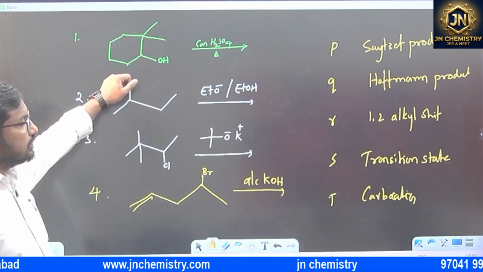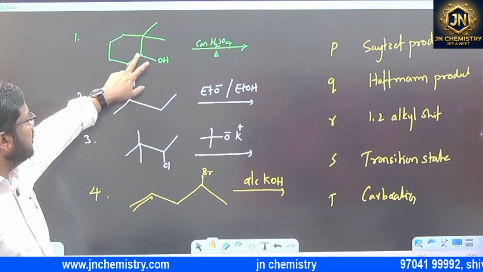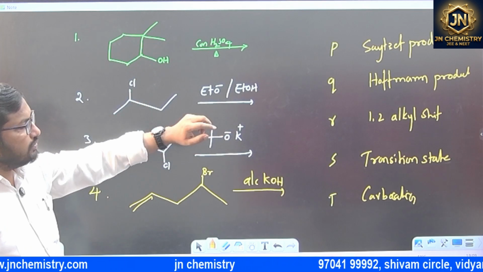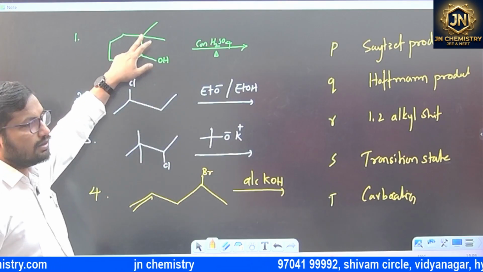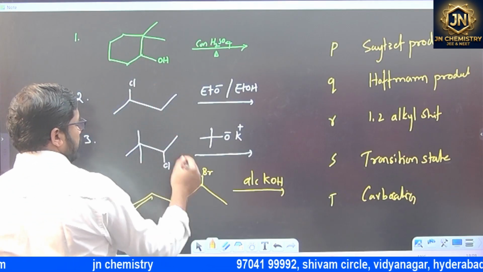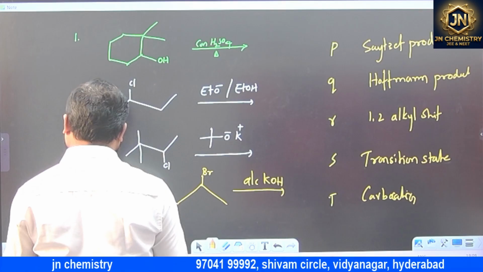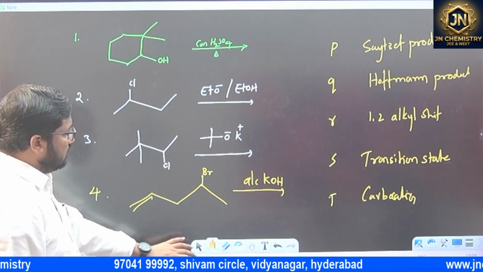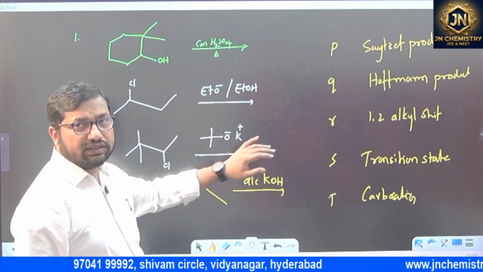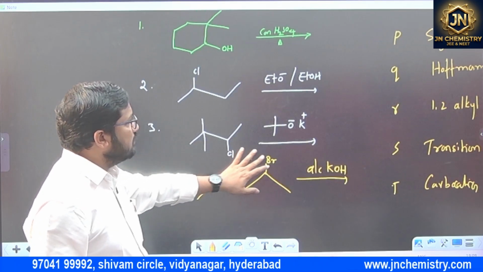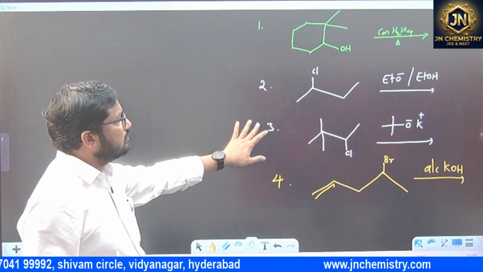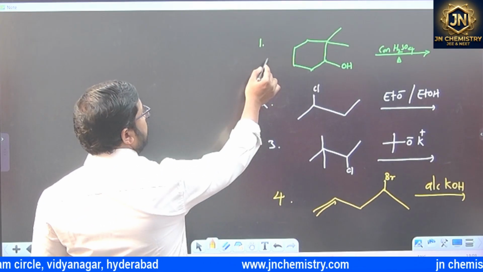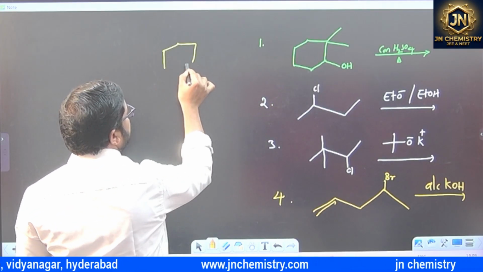In this case, now first one, what exactly happens? First OH is going, alkyl shift takes place. So that means 1,2 alkyl shift takes place, right? Those no need actually, okay? Right now, in this case, first what exactly happens?